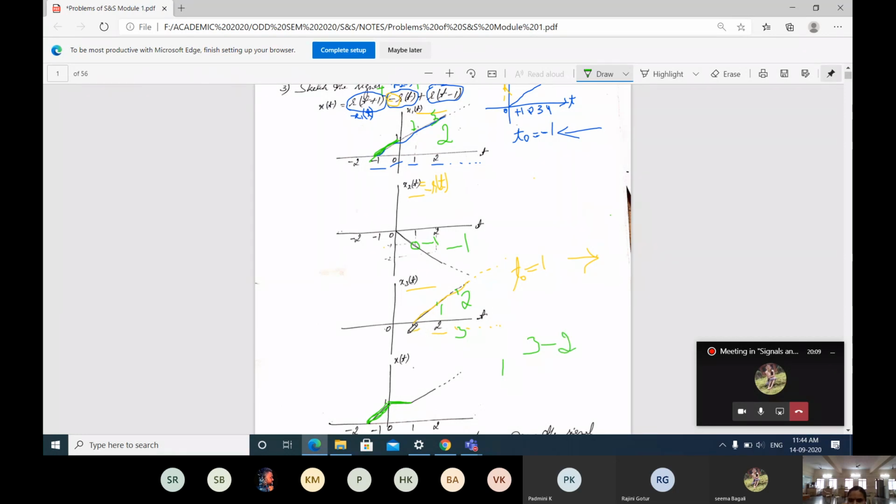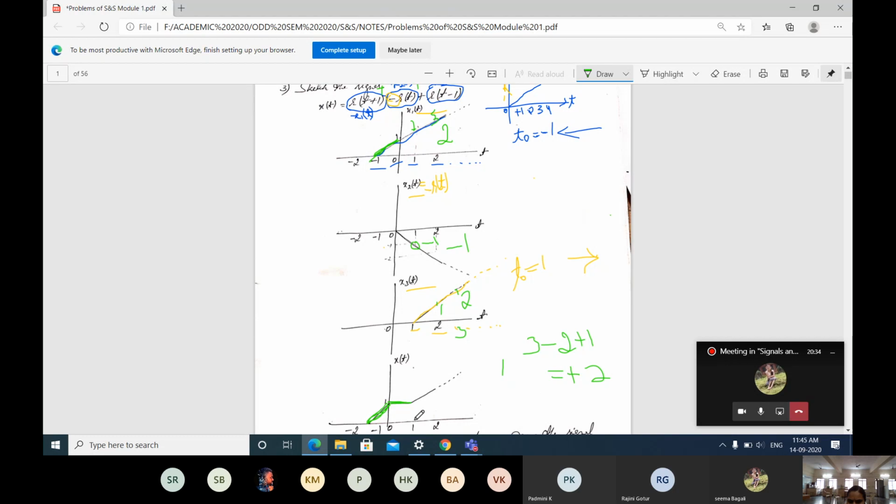Then again from 1 to 2, here it is increasing, 1 plus 1. What is the value you will be getting? 3 plus 1 is 4. 4 minus 2, you will be getting plus 2.